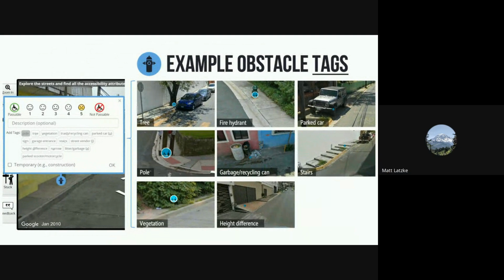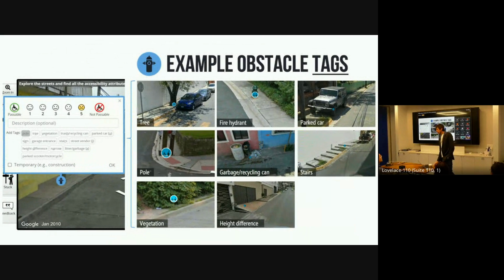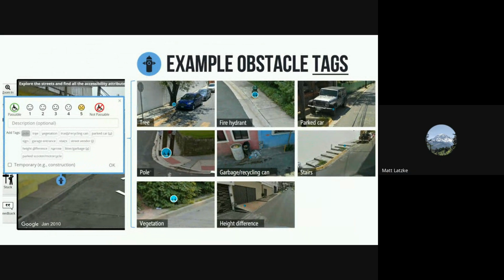Oh yeah, I'm sorry. My question was, how do non-wheelchair users best assess these? Like, I'd imagine that they're not always as obvious as like a pole in the middle of the sidewalk. How do people who are not wheelchair users assess these? Yeah, like best assess them. I worry about able-bodied people making decisions for disabled people.